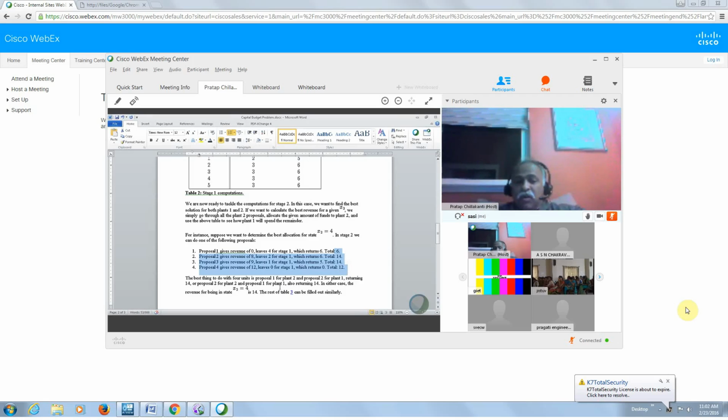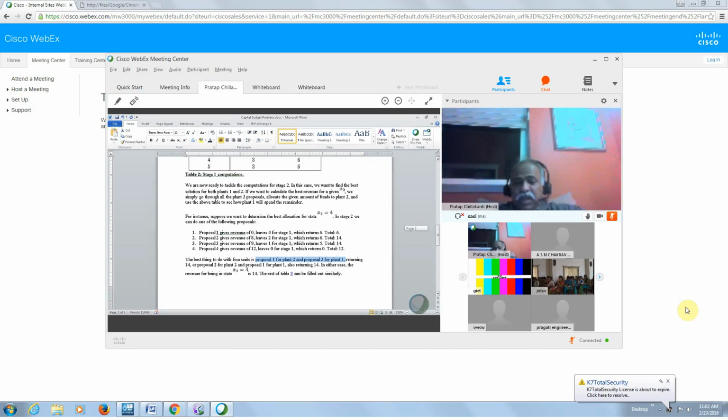Now out of these things, you can see that based on the algorithm, proposal 1 for plant 2 and proposal 2 for plant 2 are returning 14. So there are two 14s, so you can choose one of them, right? 2 and 3. Got it?